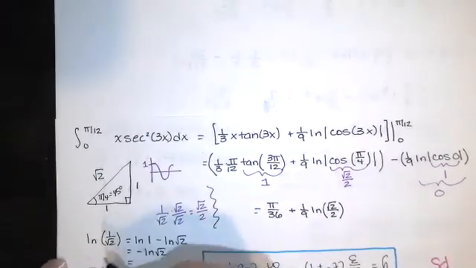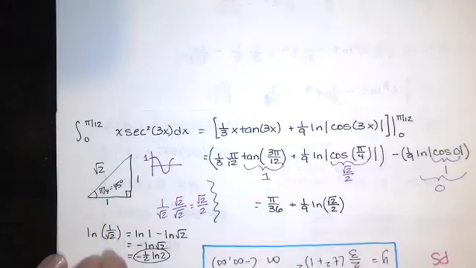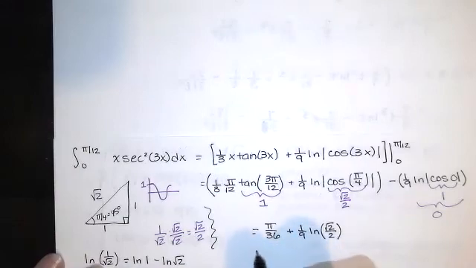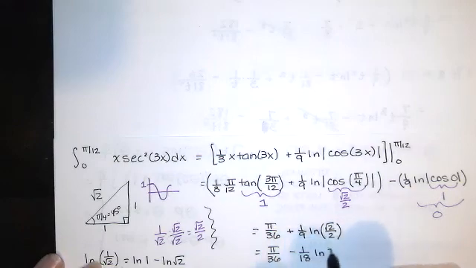You're like, why would I do that? I don't know. But that is another way to write that answer. This log of square root of 2 over 2 is also negative 1/2 natural log of 2. So you might see this as well. It turns out to be the same thing.